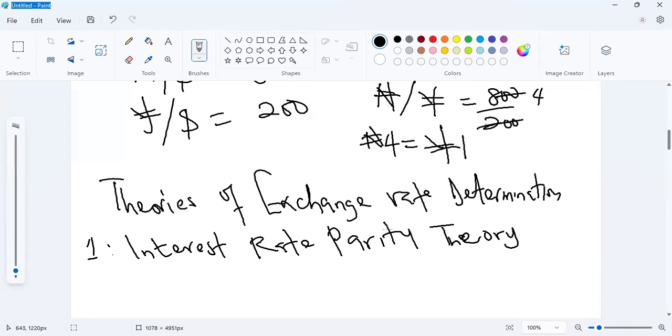The theory says that the differences in exchange rates between two country currencies are a result of differences in interest rates. A country with higher interest rates will have its currency value depreciating faster compared to a country with lower interest rates.